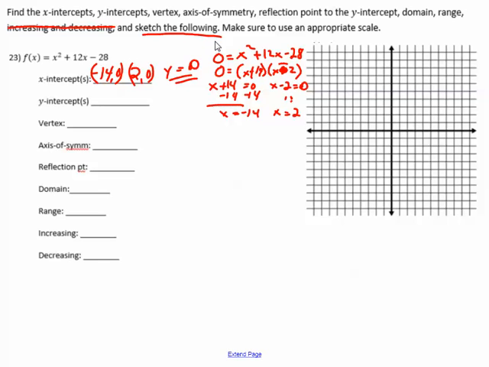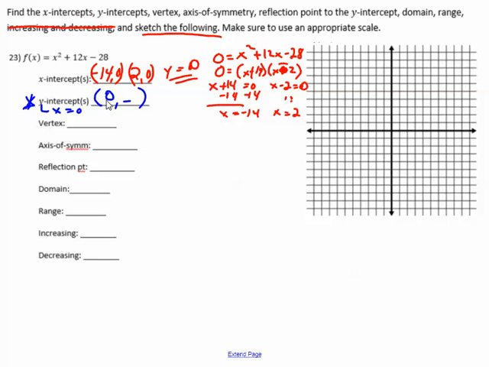So if I'm going to take a look at the y-intercepts, y-intercepts happen when x equals 0. If x equals 0, I'm going to just evaluate this at x equals 0. I get a point here, 0, comma, some value. What's that value?